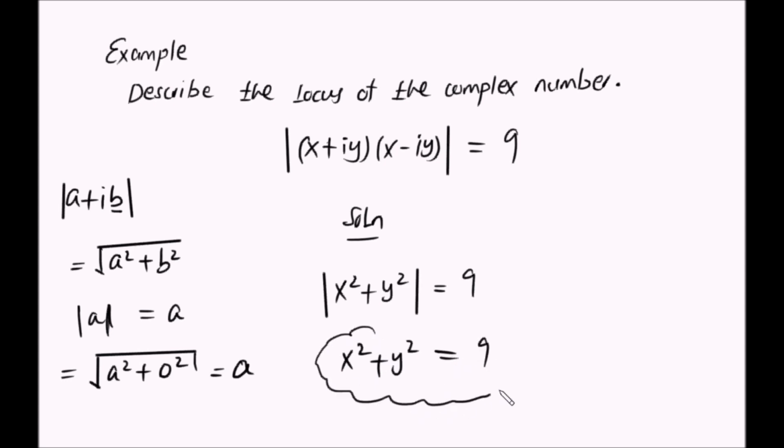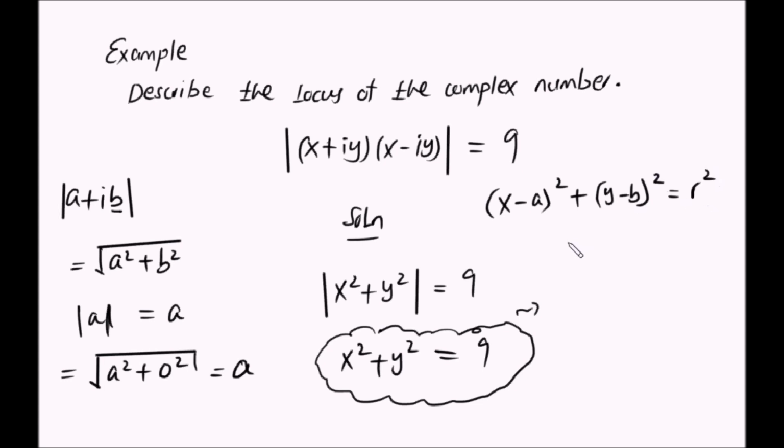Kwa hiyo locus ya hiyo complex number hapo juu ni hii x squared plus y squared is equal to 9. So hii x squared plus y squared is equal to 9 tukistudy, hii ni circle. So najua equation of a circle inaandikwa kama hivi (x minus a) squared plus (y minus b) squared sawa na r squared where (a, b) is the center. Huyu ni center, alafu r ni radius.